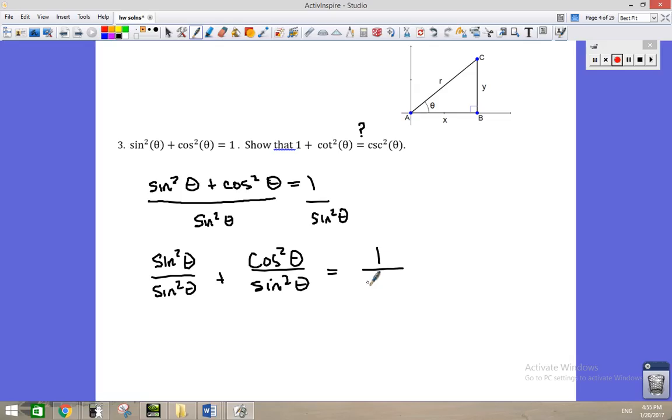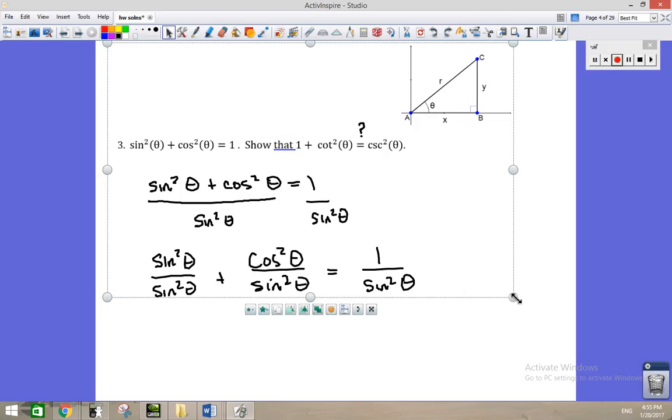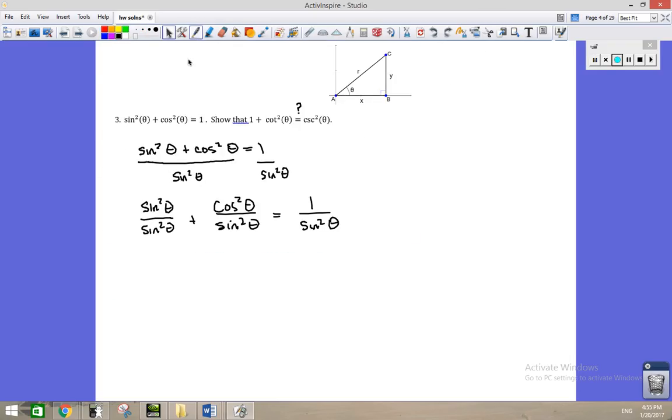And I'll just leave this one alone for a second. All right, now, what do we have here? On the left-hand side, sine squared theta divided by sine squared theta is 1.